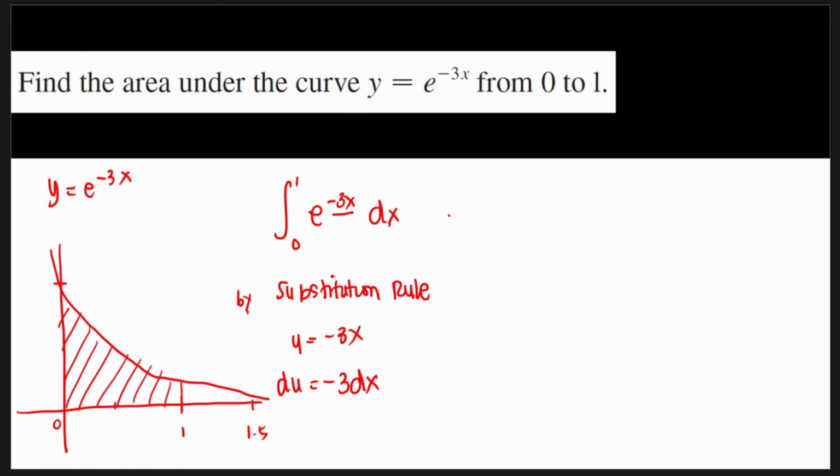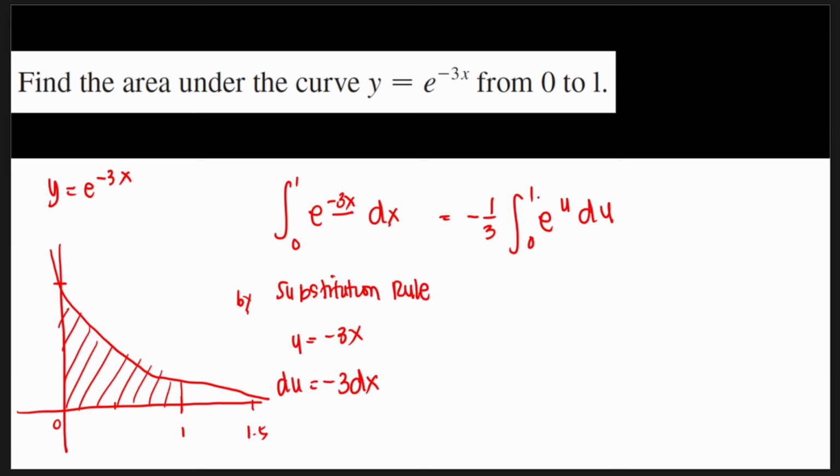So I will just go directly with the substitution rule. Since we are multiplying by negative 3 here, we need to also multiply by negative 1/3 outside. So negative 1/3 integral of e^u du, with limits from 0 to 1.